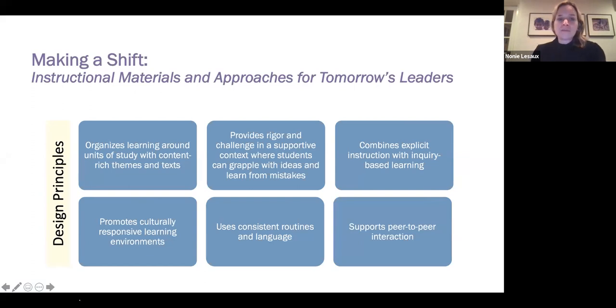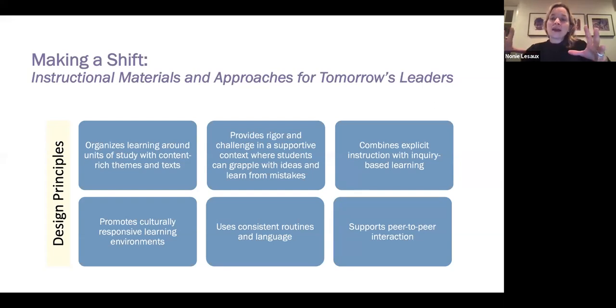Getting there means that, in fact, for the materials, right, we are now organizing around units of study with content-rich themes and texts. We are providing rigor and challenge in that very supportive context that is about process over mastery, where we are having students grapple with ideas and learn from mistakes.